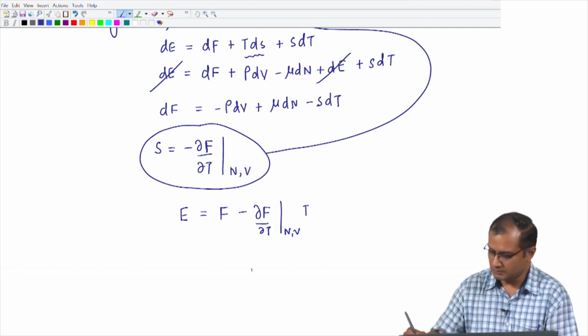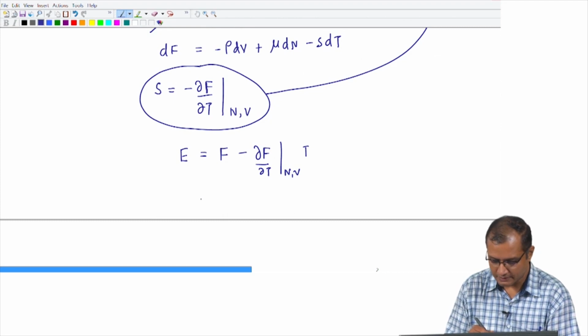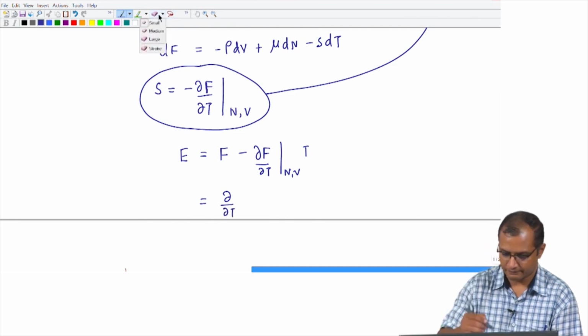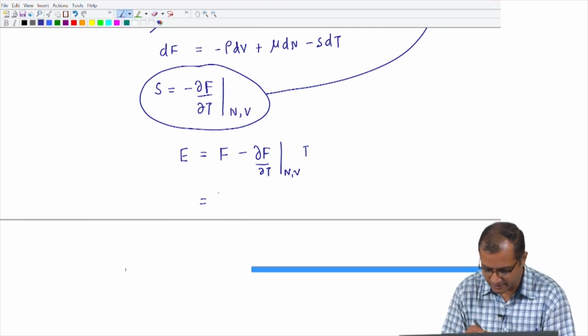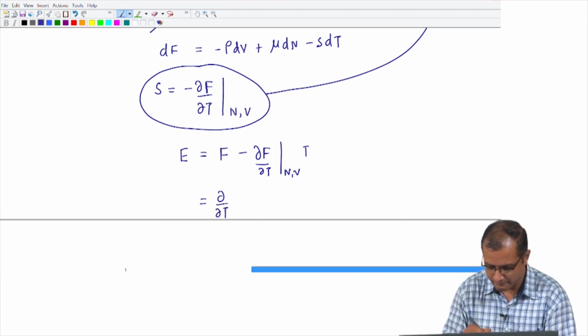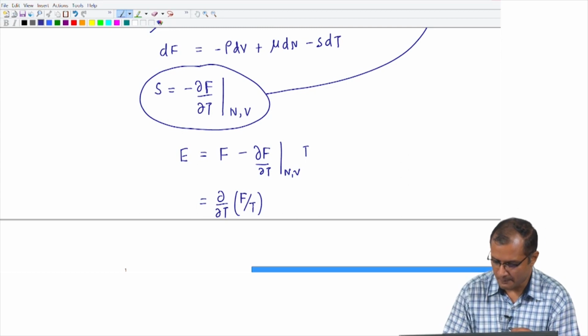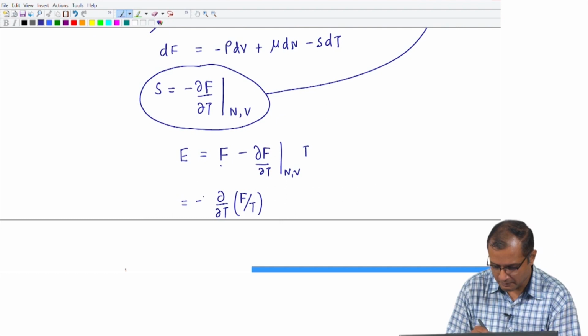Fine. So, I can write this also by taking a temperature derivative of F over T. So I get the first term as minus 1 by T square into F, but I want an F. So, what I do is I multiply this entire thing with minus T square.